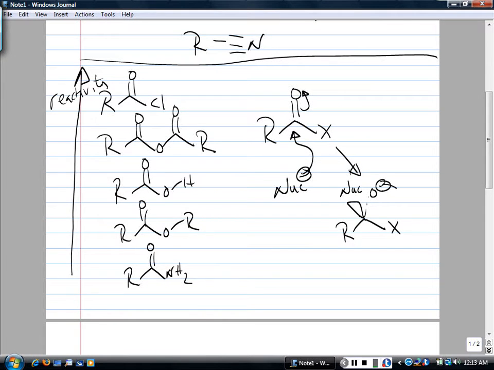But in the case of the carboxylic acid and its derivative, what happens next is that we will kick out a leaving group, because unlike aldehydes and ketones, where this X was either another carbon or an H, which of course are very bad leaving groups, in the case of these compounds, your leaving groups are chloride, carboxylate, alkoxide, or NH2 minus. And certainly the chloride and the carboxylate are pretty good leaving groups. So I would kick out X minus, and that would generate the substituted species.